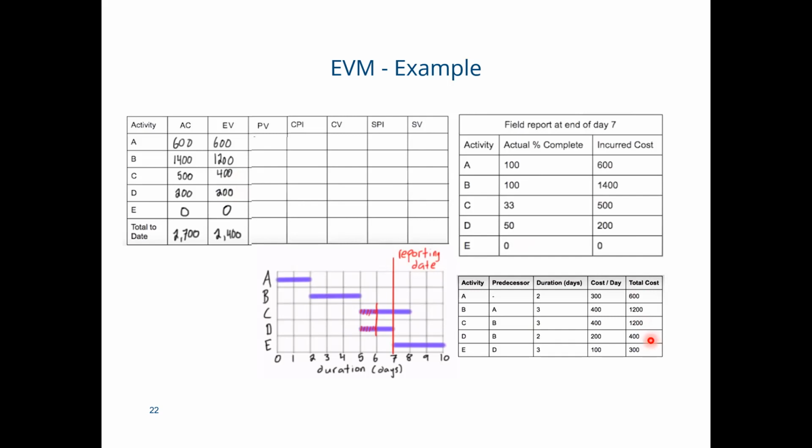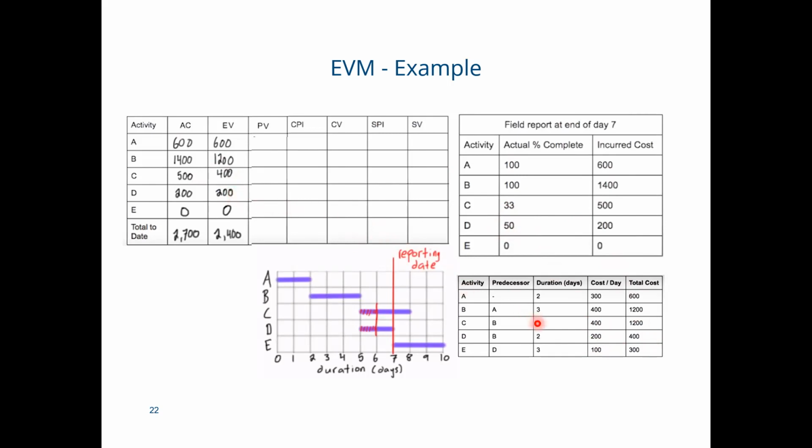The next is activity D. We have finished 50% of the work by the end of day 7, and the cost per day for activity D is 200. So the earned value for activity D is 200, right?